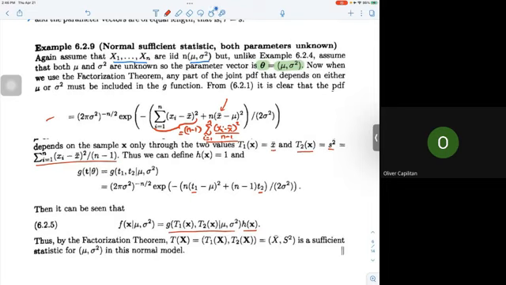So in this case, in which we have a vector of parameters mu and sigma square, our sufficient statistic is also a vector of statistics. We have now this vector, x bar and s square, as a sufficient statistic for mu and sigma square in this normal model.